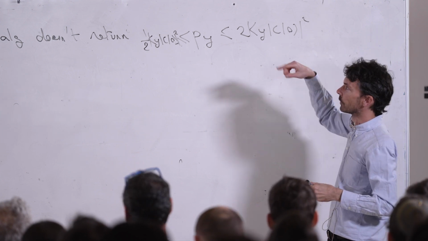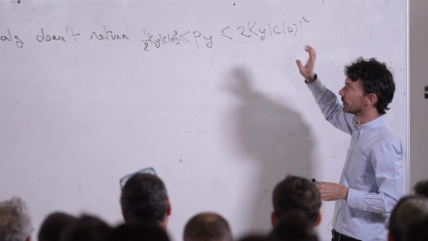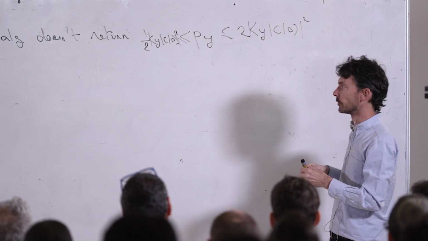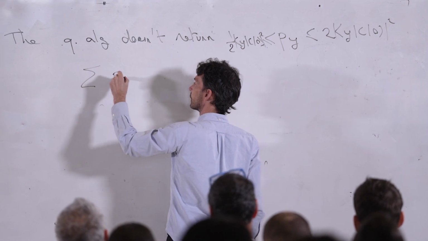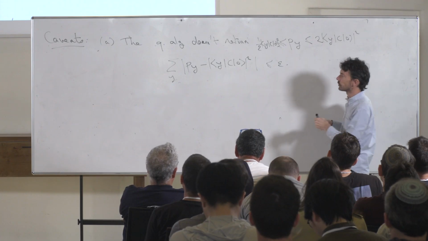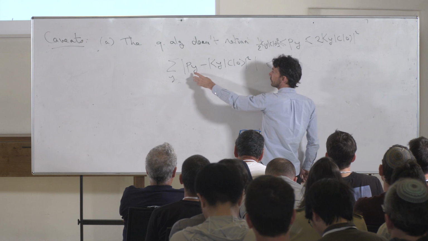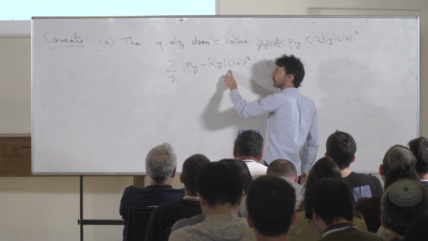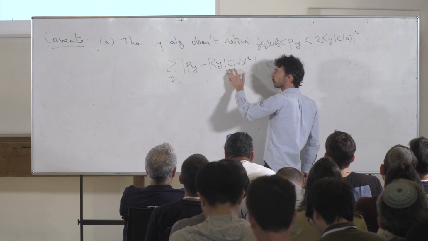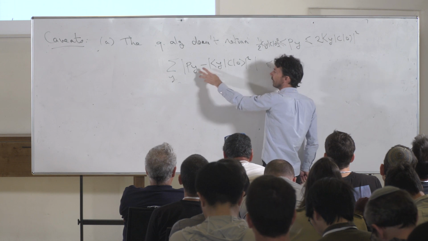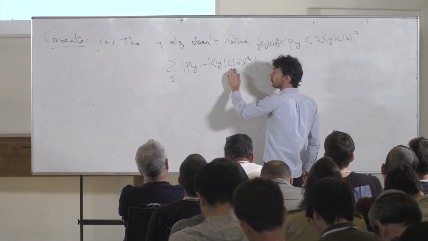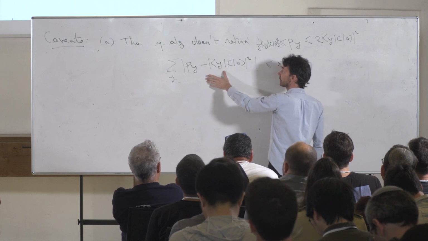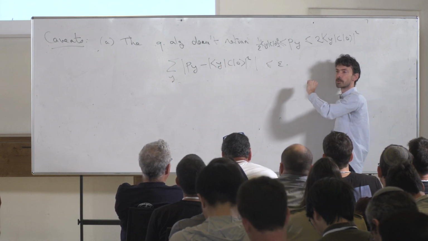If you remember what I was aiming to verify earlier, in fact, I didn't define the test, but I defined an intermediate test, and the intermediate test was, this is what we were checking. Okay? This is much less stringent. In particular, this allows some of the p_y's to deviate. It could be that in a small number of cases, p_y is 0, and this is positive, or this could be 0, and that's positive. Because both of them are anyways typically exponentially small, it doesn't contribute that much to the epsilon, okay?